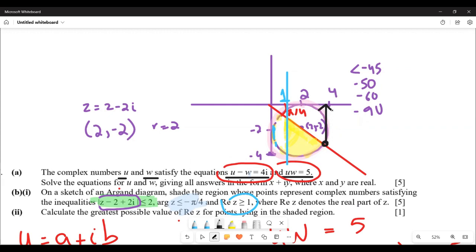So we have to find this value of x right above this point. So how do we do that? We know that this is 45 degrees, right? We know that much. What else do we know? We know the radius of the circle, it's 2.